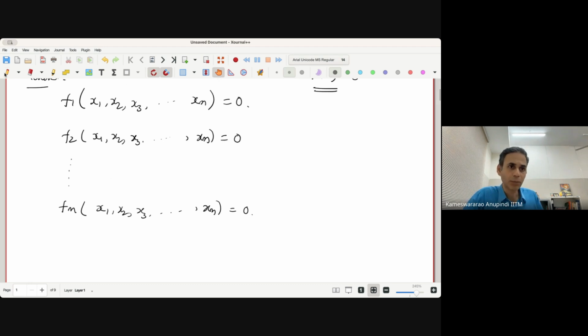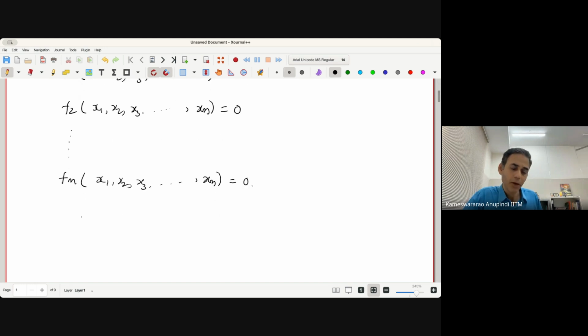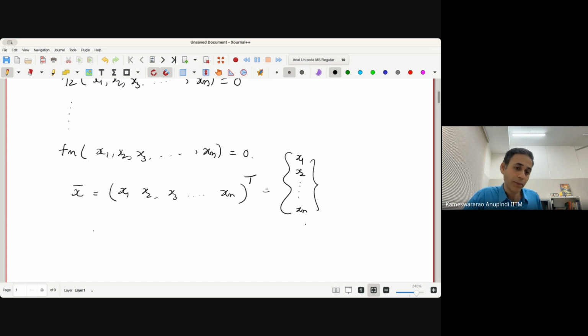If I were to represent all these values as x bar equal to x1, x2, x3 all the way to xn, transpose, this is basically a column vector. Then my equations can also be written as a vector, that is f bar, which is a function of x bar, equal to 0.